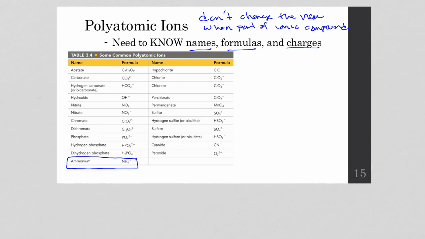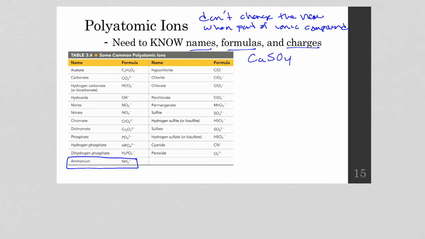So let's do a couple examples here. So let's look at CaSO4. So again, we use the same sort of strategy. The first key thing here is we need to recognize the existence of a polyatomic ion.